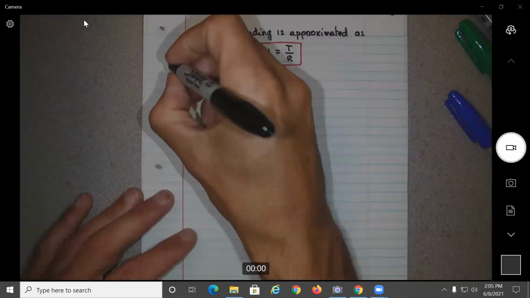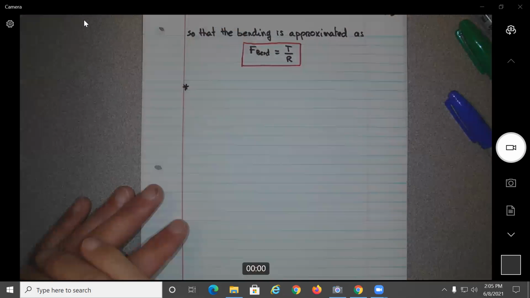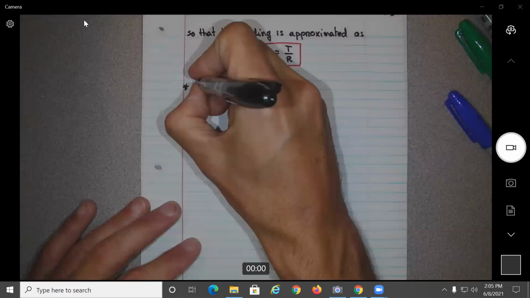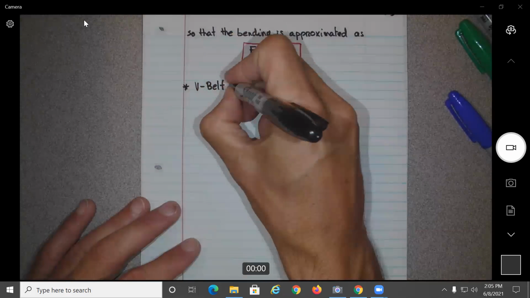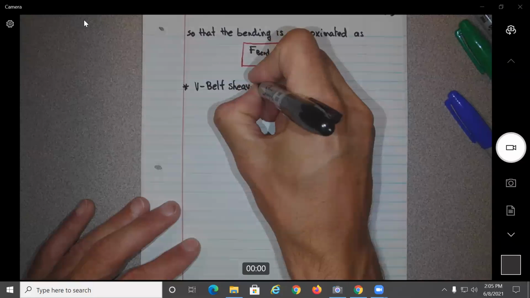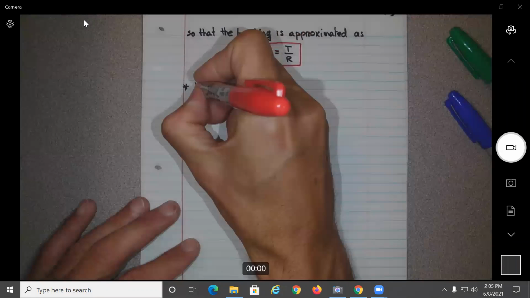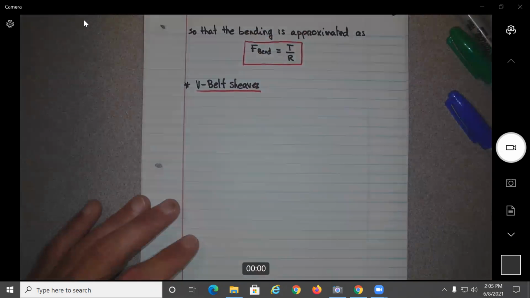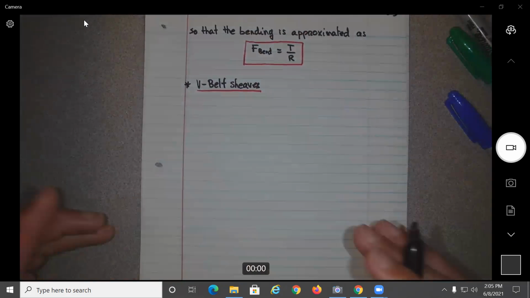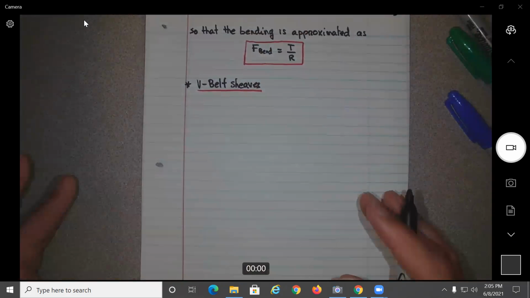So now we're going to do a similar analysis for V-belts, V-belt shafts. Okay, so let's say you need to design the transmission of a motorcycle. You need to decide between a chain sprocket or a V-belt.